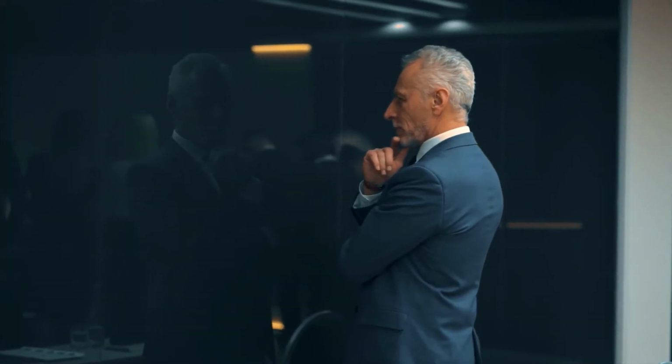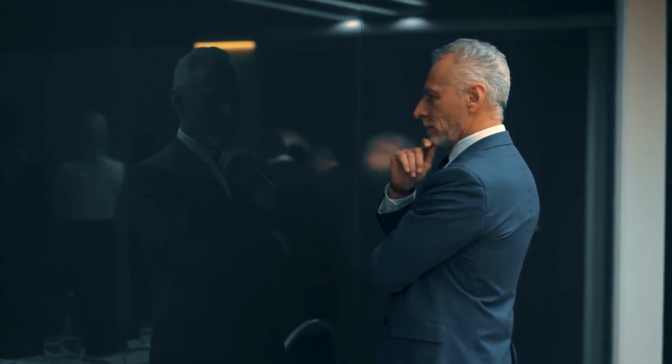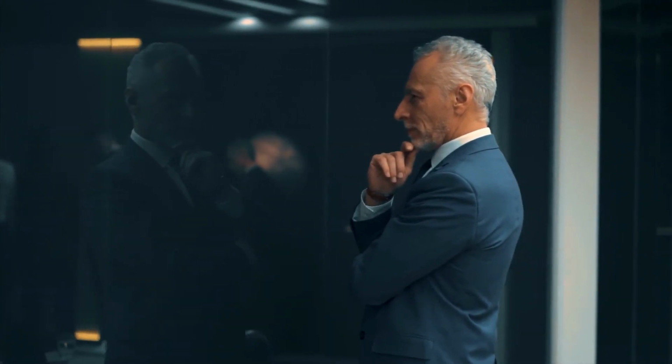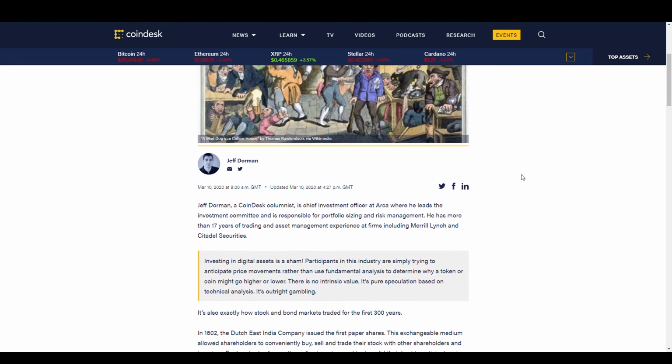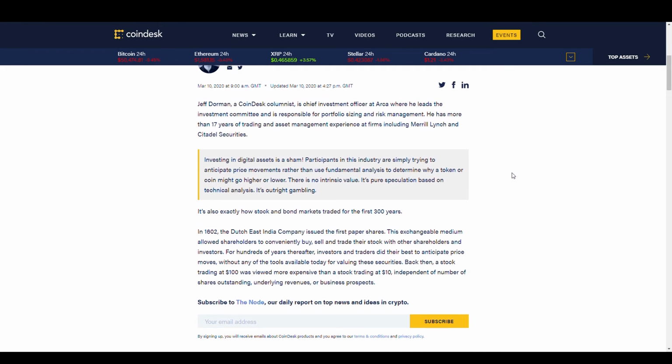But at the end of the day, all this is analysis, and all this is for educated guessing, pretty much. There isn't really a set in stone or an official way to do fundamental analysis on crypto yet. It is being developed as we speak, as more and more people get educated and get into the market.